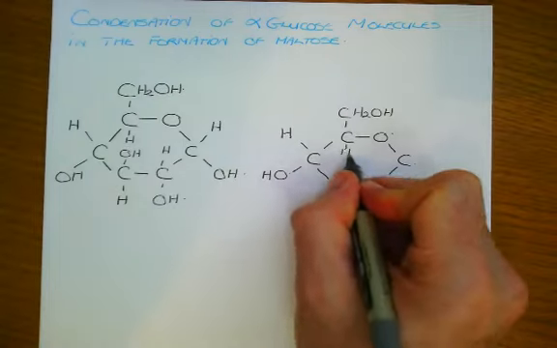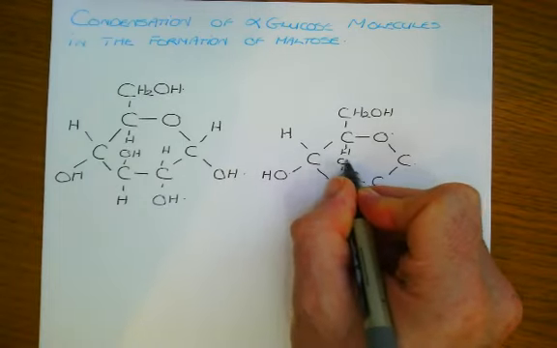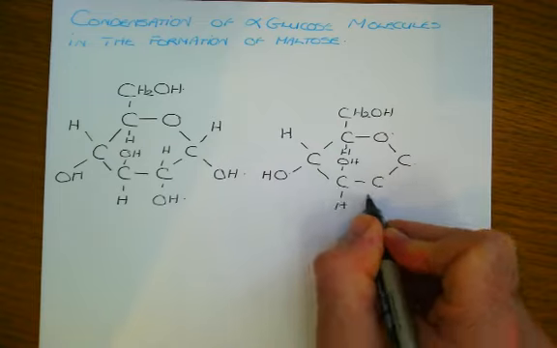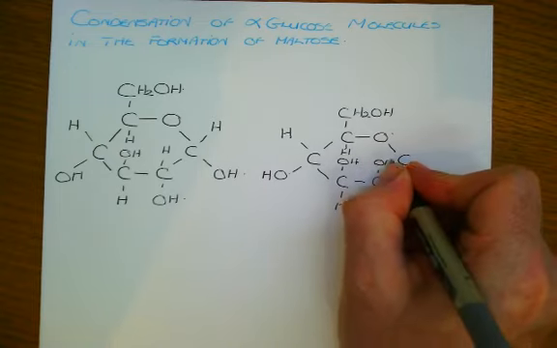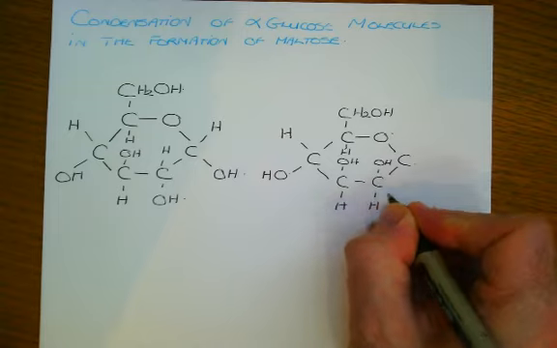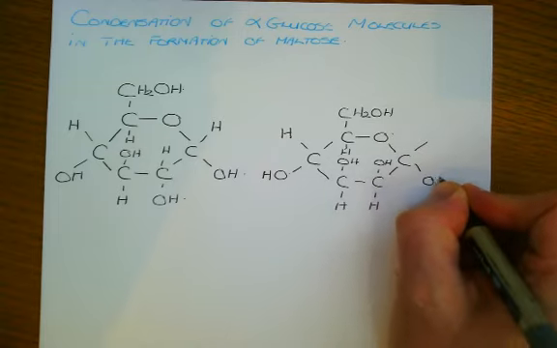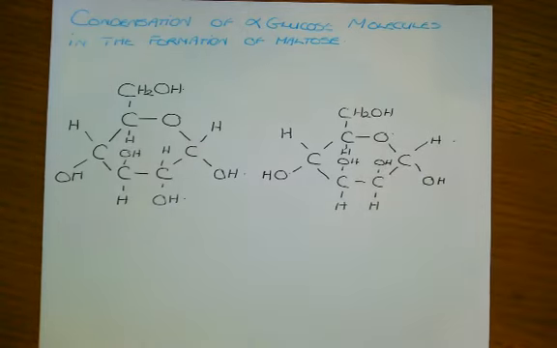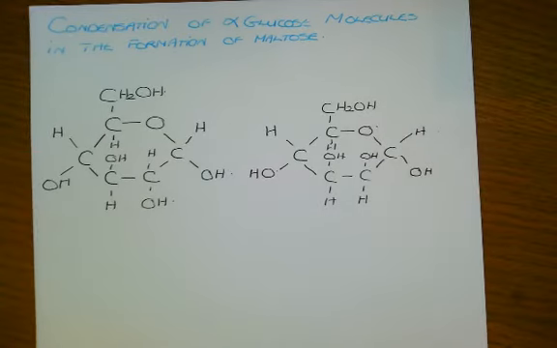So there's carbon 5 and carbon 6, carbon 1, carbon 3, carbon 2. Okay. Spend a bit of time practicing drawing those two molecules side by side, and it will be important to get your head around that.